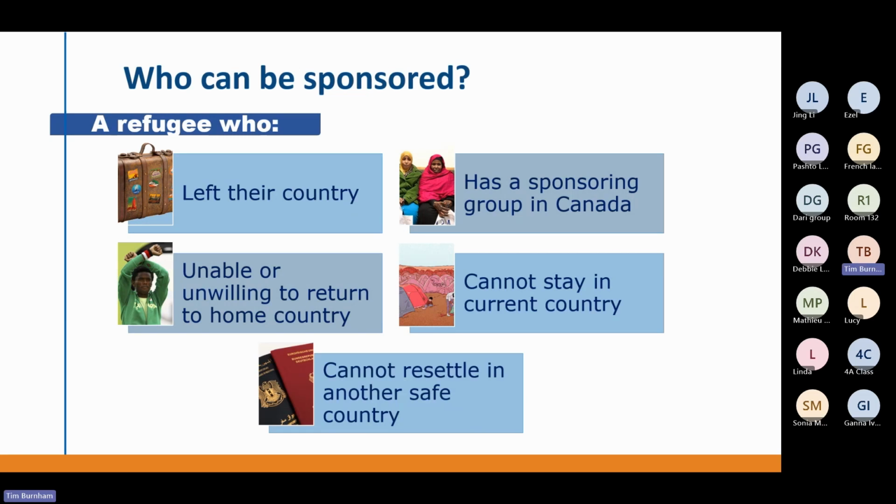And finally, they cannot resettle in a different safe country. So the refugee has to meet each of these requirements.